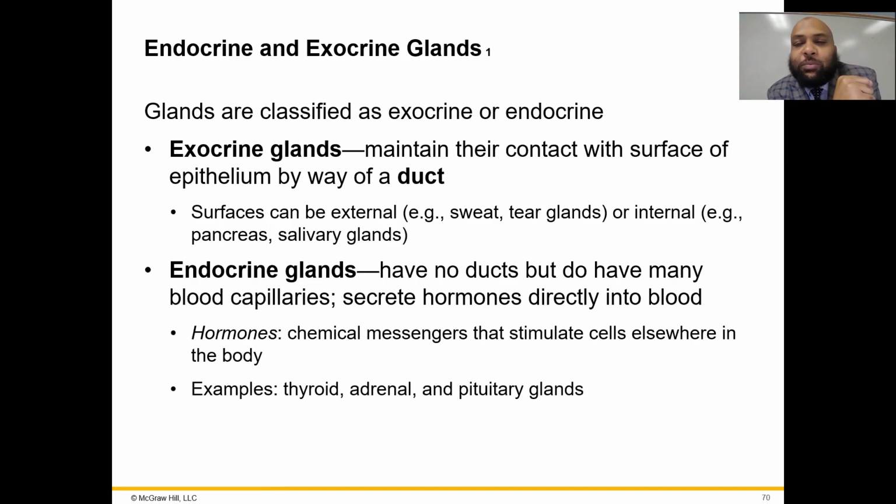Guys, what's the difference between an endocrine gland and an exocrine gland? An endocrine gland secretes its juice into the blood, like insulin. The pancreas secretes insulin into the blood when there is too much sugar, or it secretes glucagon into the blood when there is too little sugar.